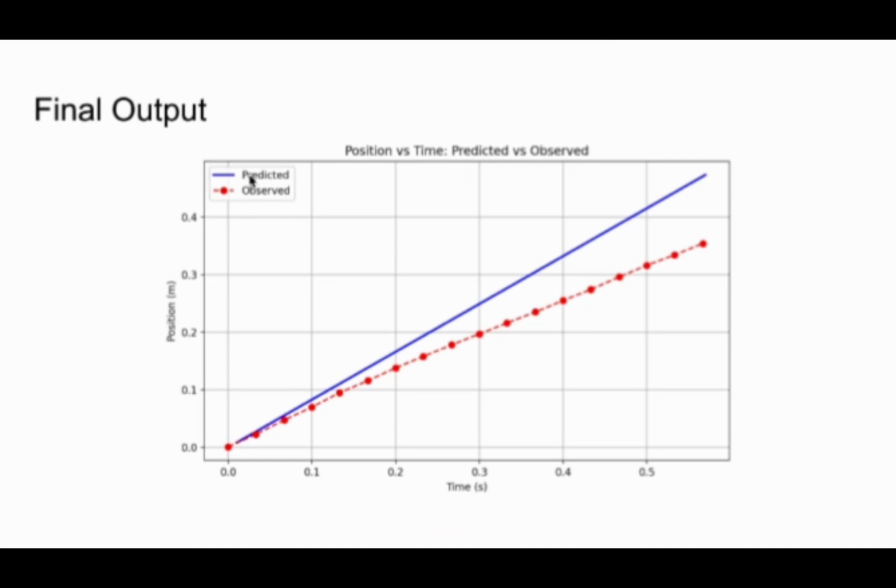As you can see, the predicted dataset showcases our idealized 0.83 meters per second. However, the observed dataset shows a clearly less steep slope, which indicates a much lower average velocity. Though it shows a generally linear trend, it is not as smooth as our linear predicted set.